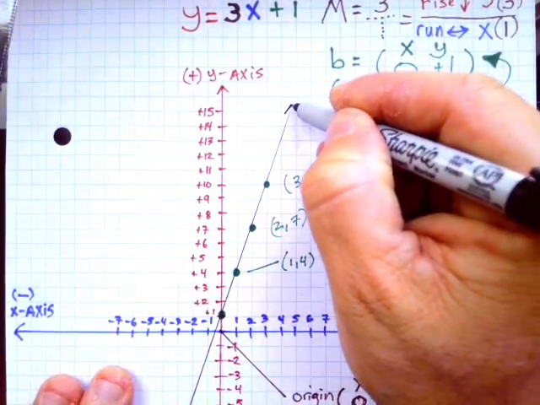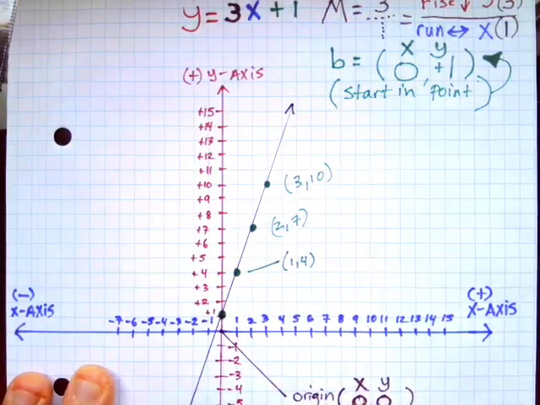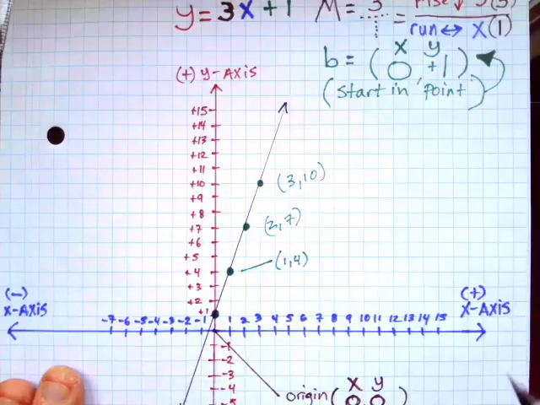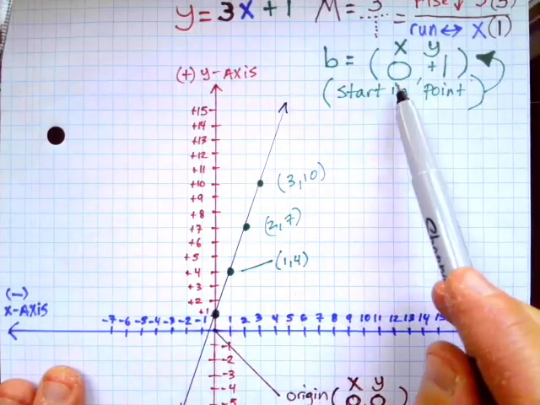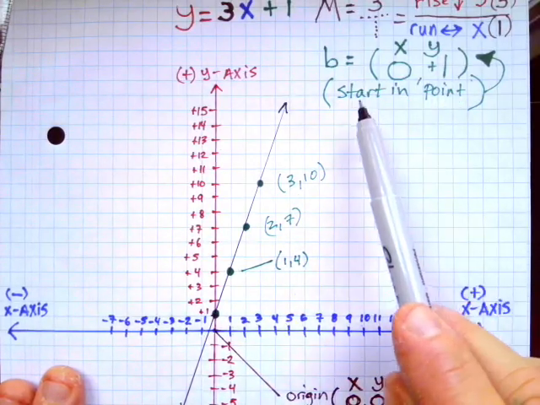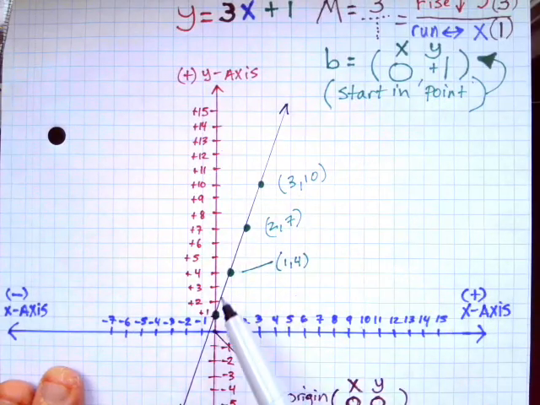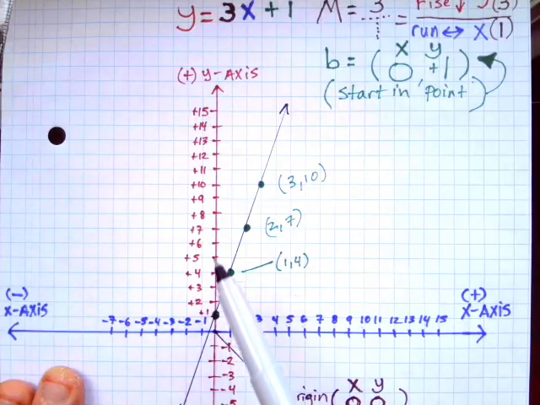This graph line, or linear equation, straight line, will go on forever and ever. And you can see how the line runs through 0 for x, 1 for y. That is my y-intercept, because that's where that line crosses the y-axis.